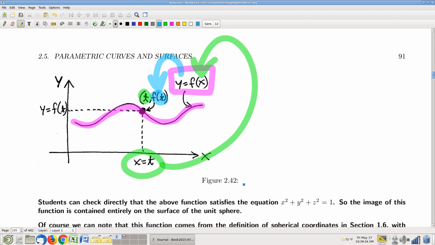Let's see what happens if I let x equal t. And by the way, I want to remain on this curve. y is equal to f of x. Well, if x is t, then this says y equals f of t, which means my y coordinate needs to be f of t. And here I have then a parameterization. x and y are given by t and f of t, and that traces out that curve because x takes on all possible values.